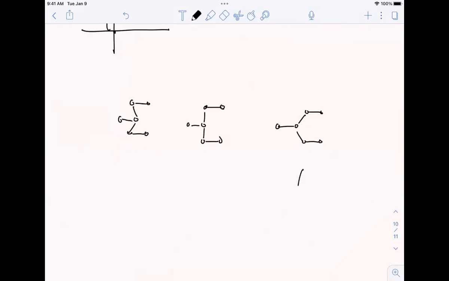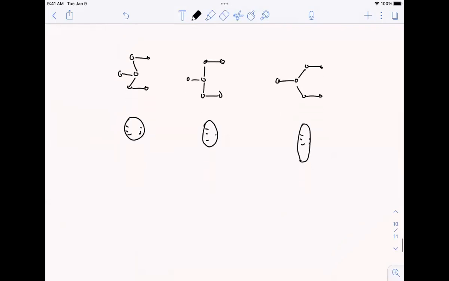So you expect something like this. Then this one is more symmetric, so you expect something like this. If you plot it out, it will be something like this. So it is Raman active. Is it okay? Not too difficult to understand.